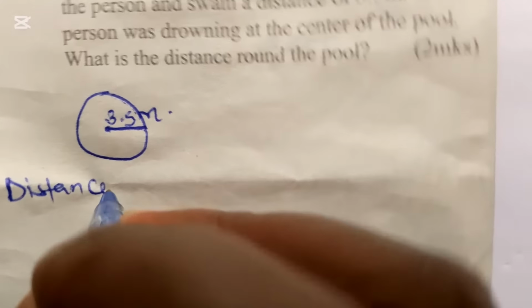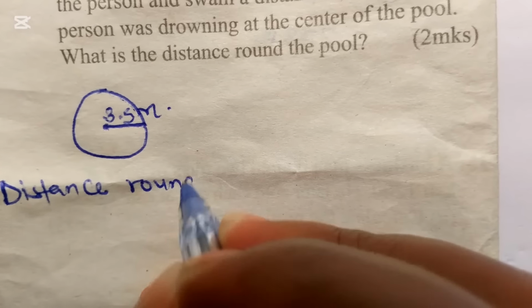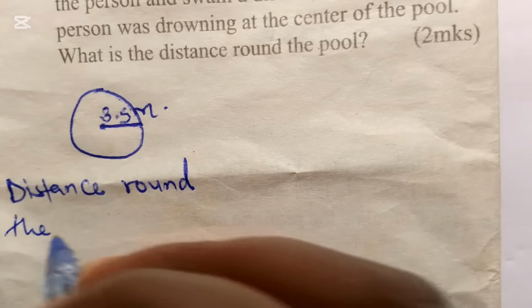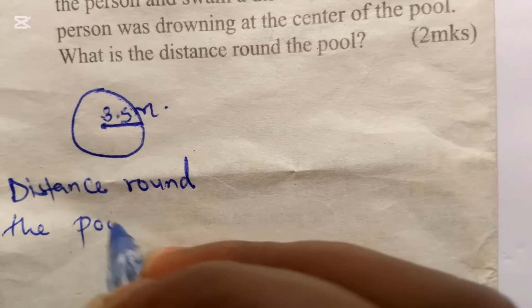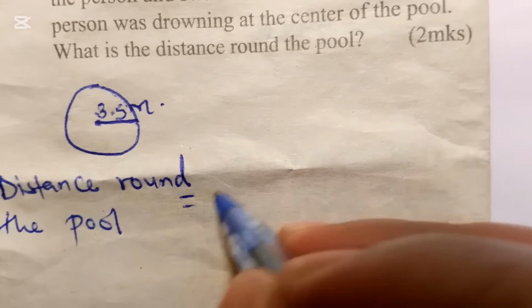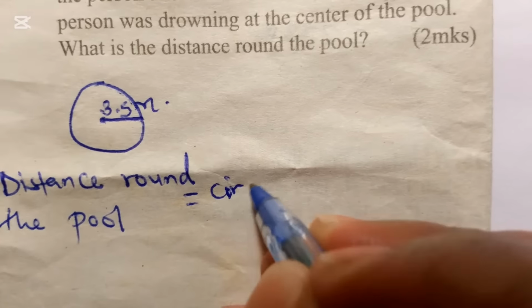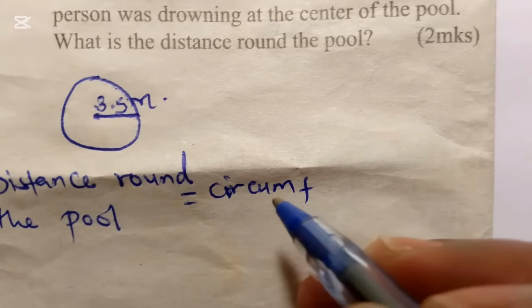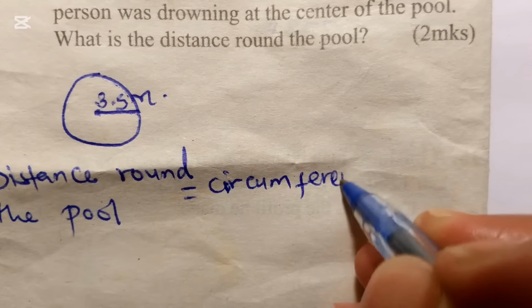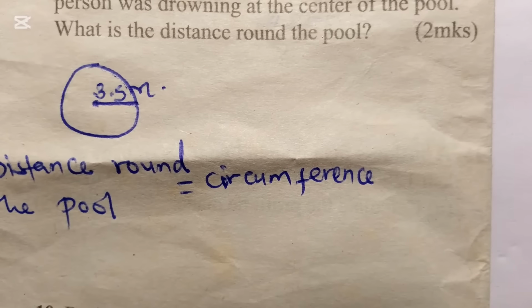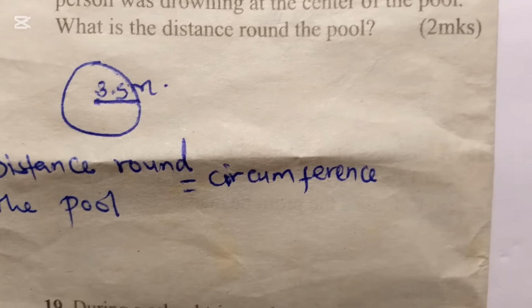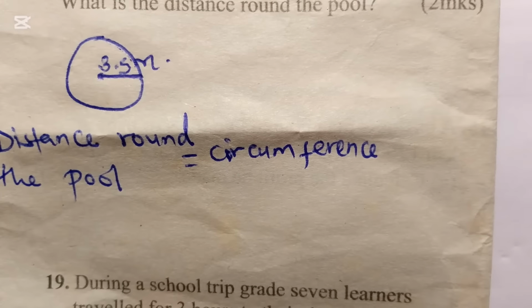This means that we are asked for the circumference, because the distance around the pool is the same as the circumference, because circumference is the distance around a circle.